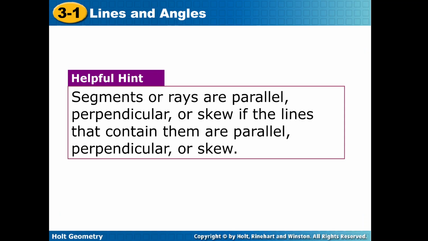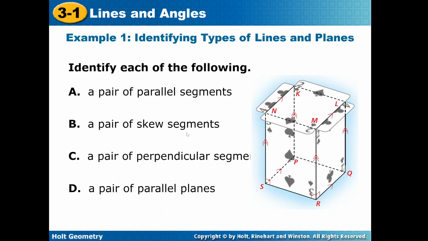Segments or rays are parallel, perpendicular, or skew if the lines that contain them are parallel, perpendicular, or skew. Here's another example, quite similar to the perfect cube. It's a rectangular prism. Name the following. A pair of parallel segments: LM is parallel to QR. A pair of skew segments: KN and PQ.